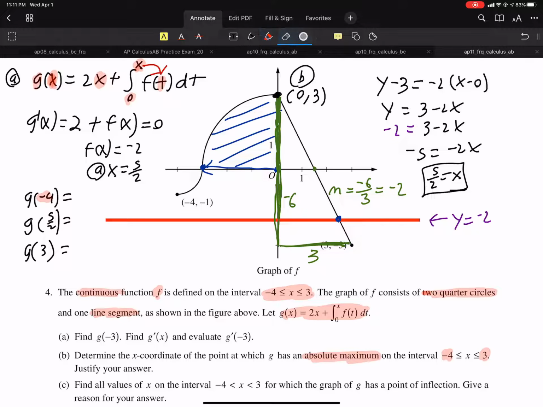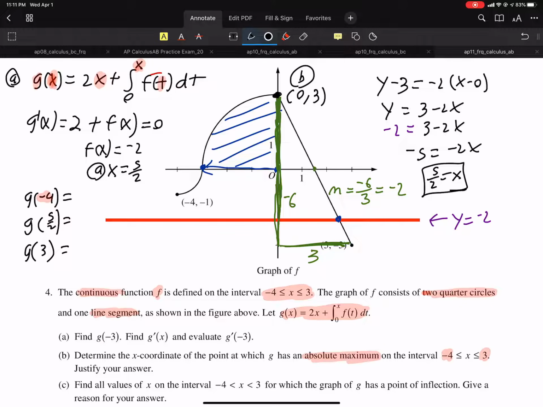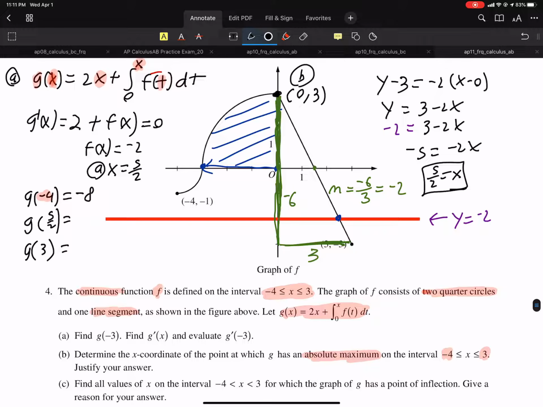Let me get rid of some of this stuff. So -4 times 2. Let me get my mouse turned on here, guys, so you can see what I'm doing. So this -4 plugged here, -4 times 2 is -8. And I'm going to integrate from 0 to -4.